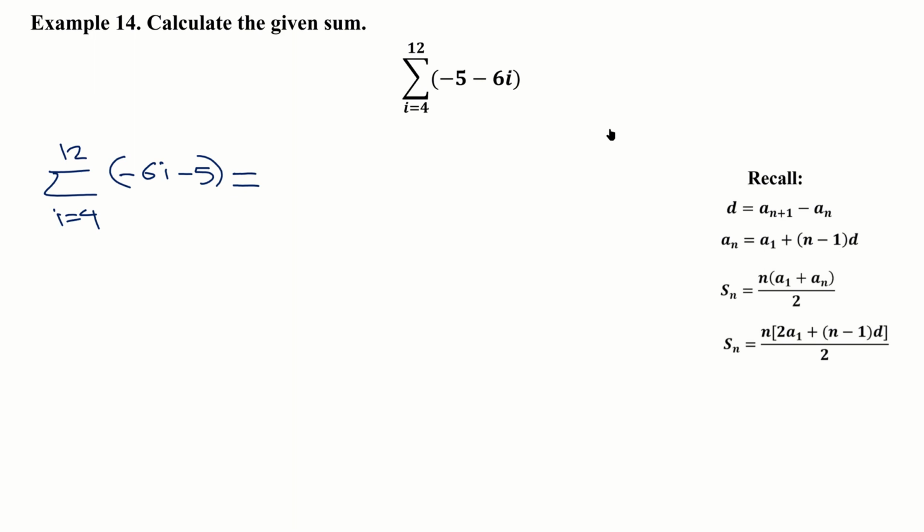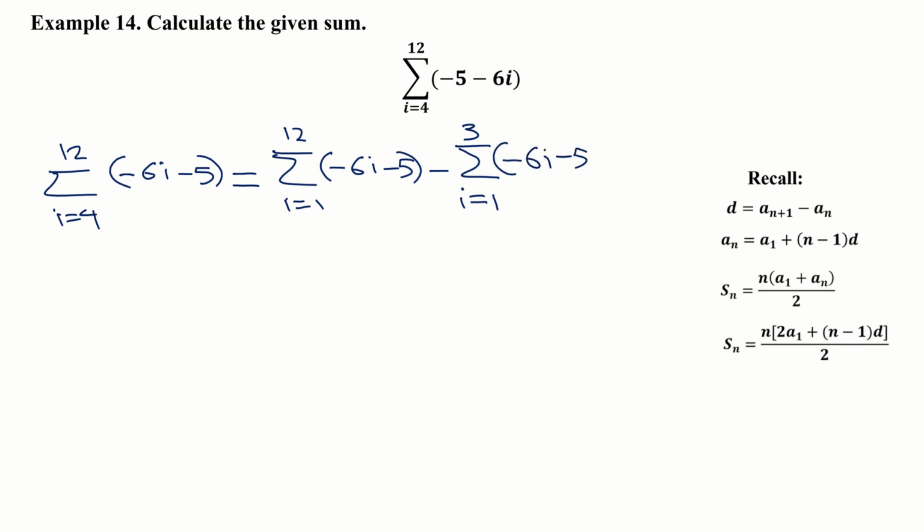So the sum of the first three terms of the corresponding sequence. So that's how we're going to handle it. So we're going to say that's equal to the sum from i equals 1 to 12 of negative 6i minus 5 minus the sum from i equals 1 to 3 of negative 6i minus 5.